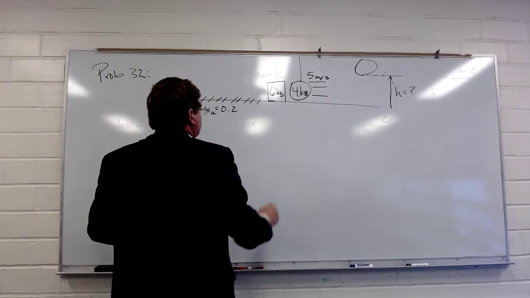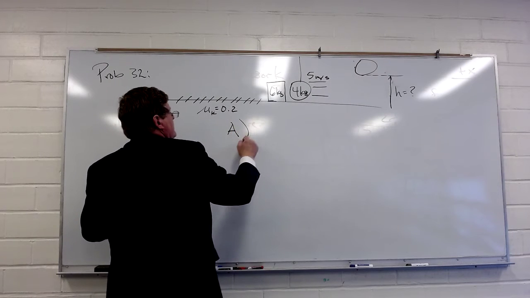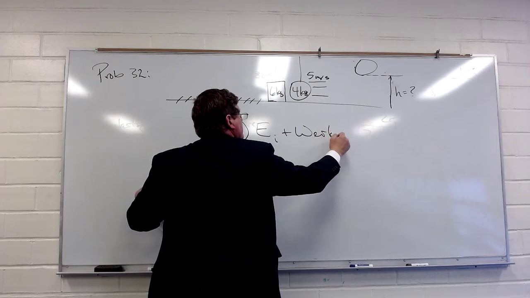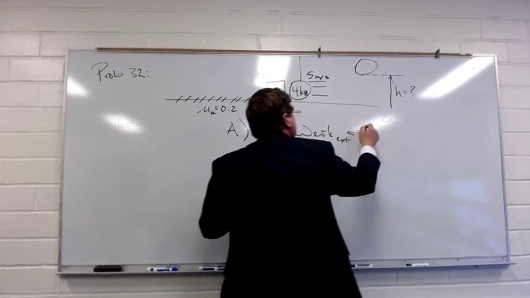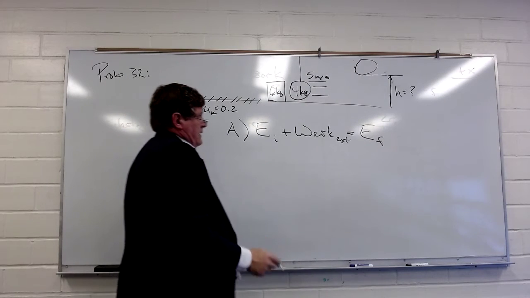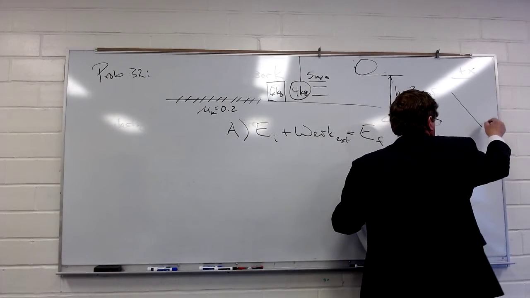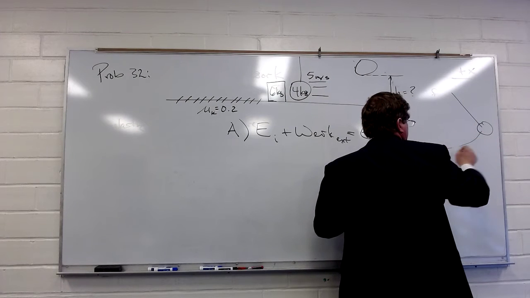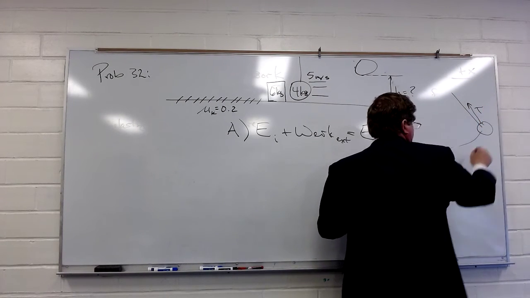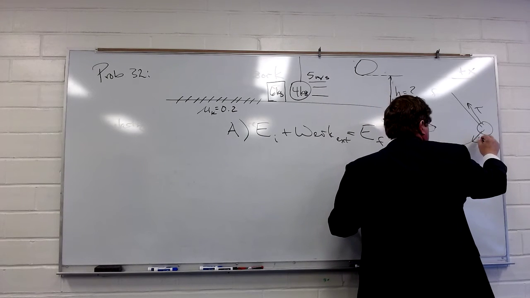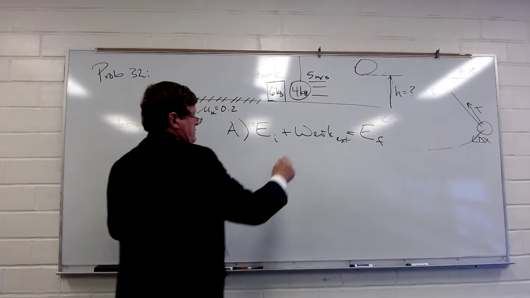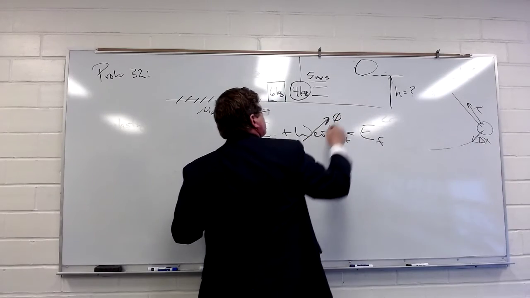And so if we use the energy equation, again, noting that a pendulum, as it swings down, the force is always going to be a tension force up the string, and the motion is always going to be perpendicular to the string. So that does no work.